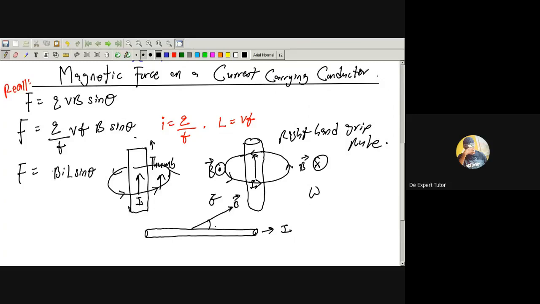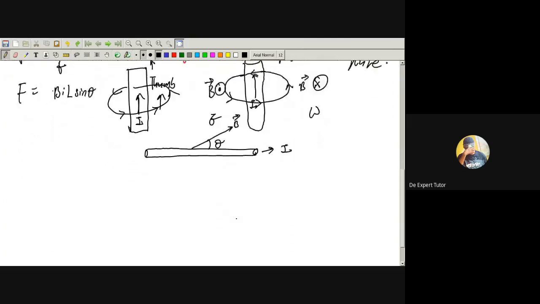You observe this theta is the one we are referring to here, the angle between the direction of the electric current and the magnetic field. So we have concluded this part. Can we move on?